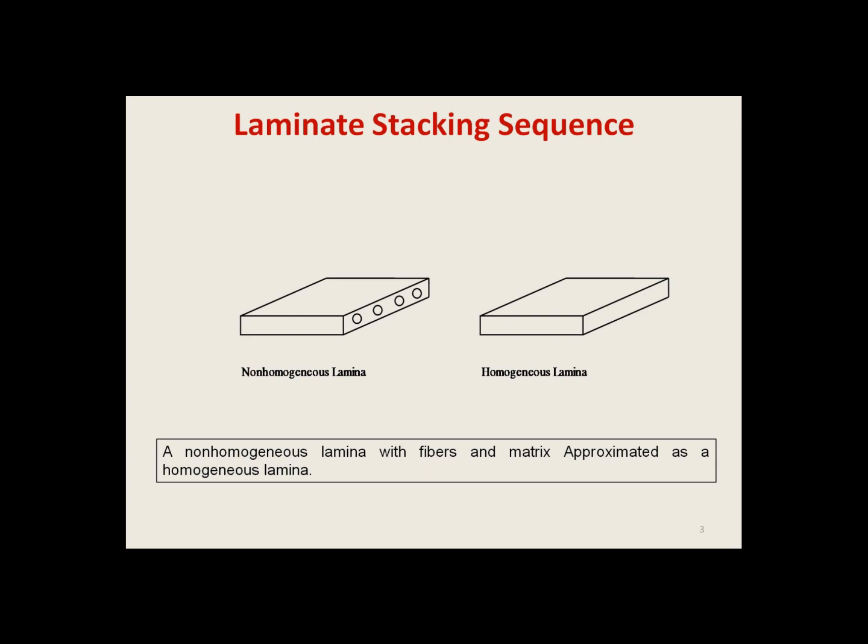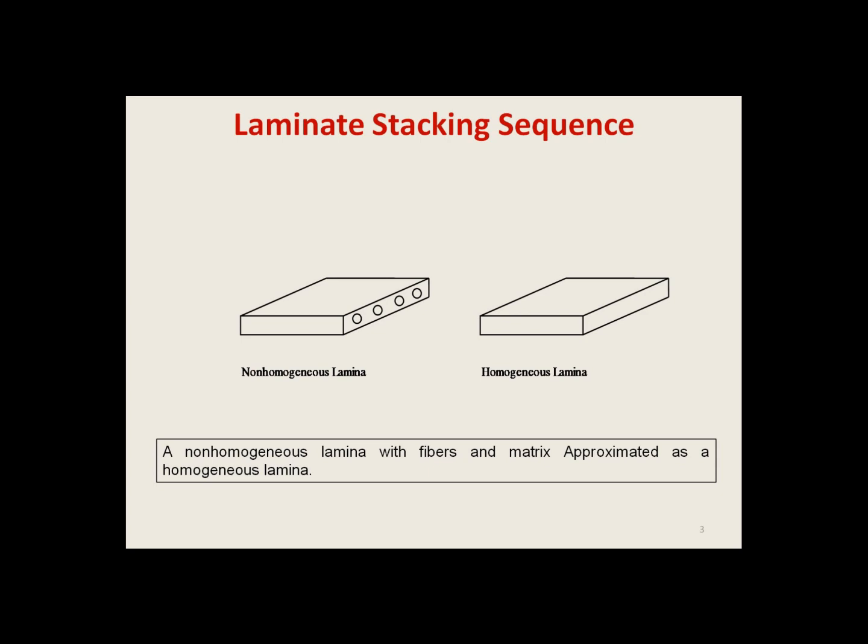These points are as follows. A unidirectional lamina is not homogeneous. This is a statement which we have to keep in mind always.